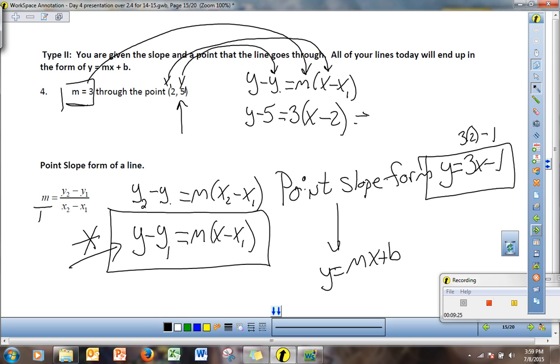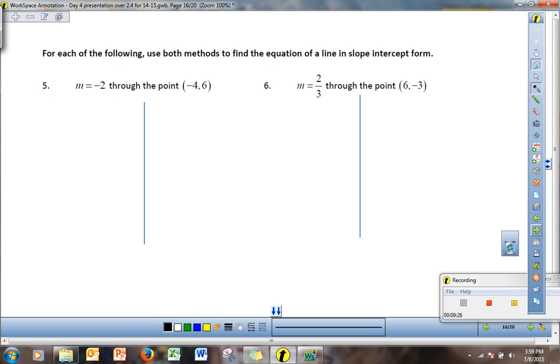So here goes. Look at your number 5. I taught both methods, but I think this year we're just going to teach the one. So ignore my line there and ignore the line on yours. My slope is negative 2, and we're going through the point negative 4, 6. So it's going to look like this. I'm going to have y minus y sub 1 equal m times x minus x sub 1.